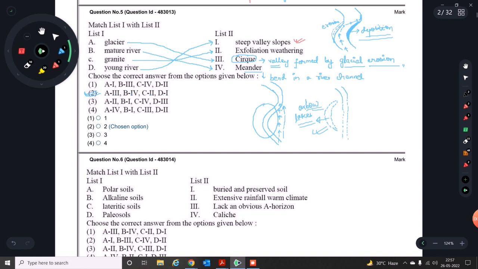So it was earlier a meandering river, there were meanders, but now it is an oxbow lake. And surrounding this part, we call these peneplains. Yeah, the peneplain deposition, basically.